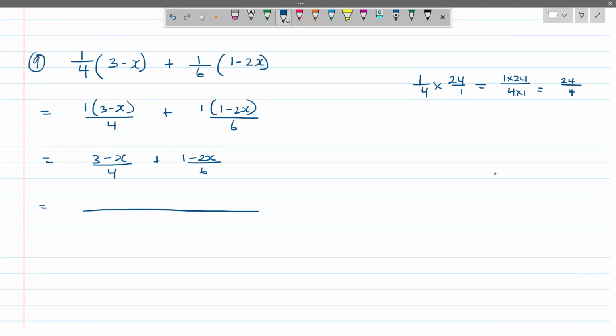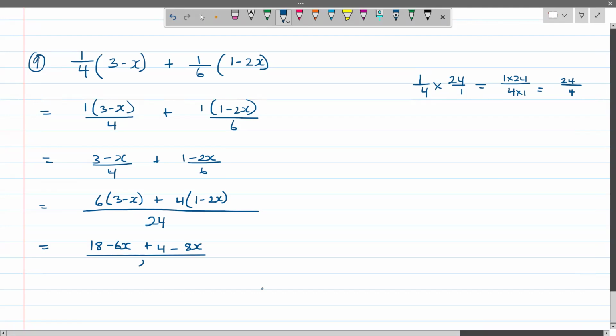The LCM of 4 and 6 is going to give me 24. 4 into 24 is going to give me 6 by 3 minus x, plus 6 into 24 is going to give me 4 into 1 minus 2x. And that is going to work out to be 18 minus 6x plus 4 minus 8x all over 24.